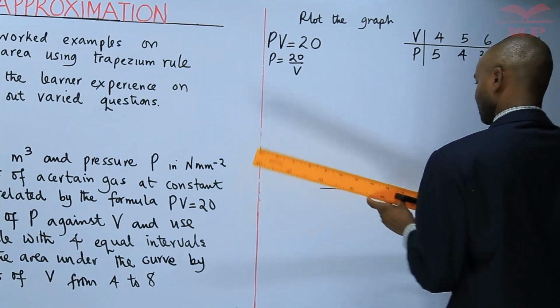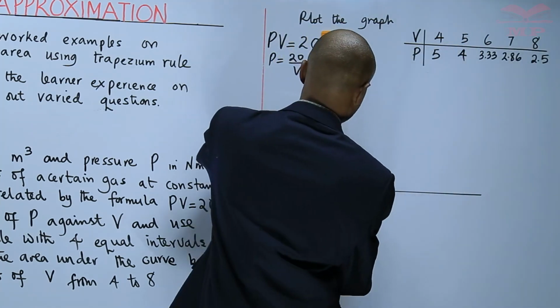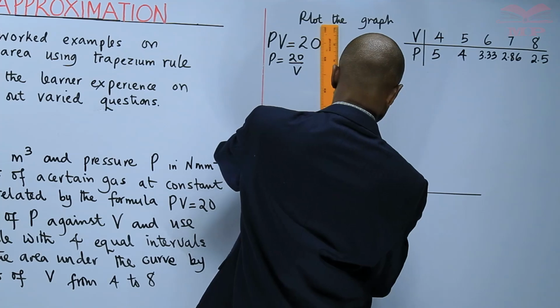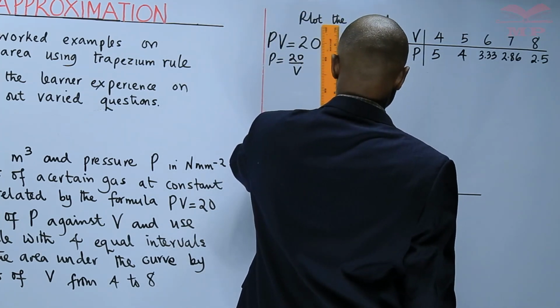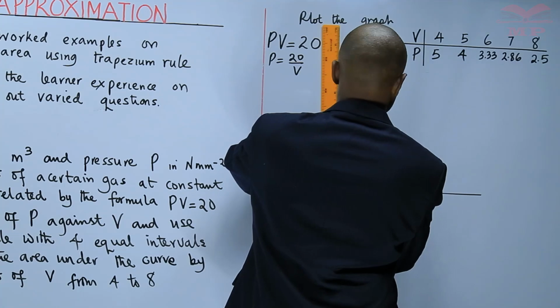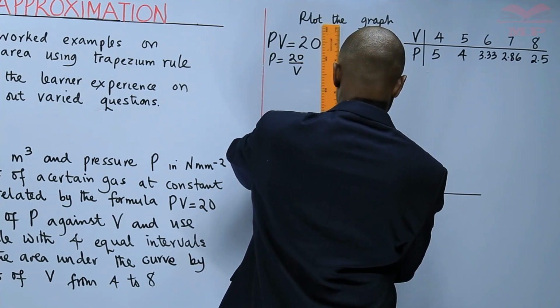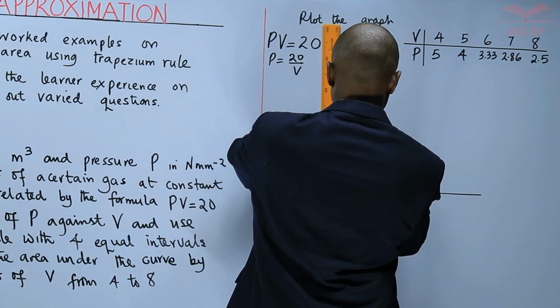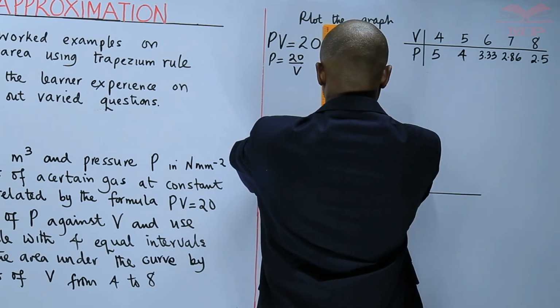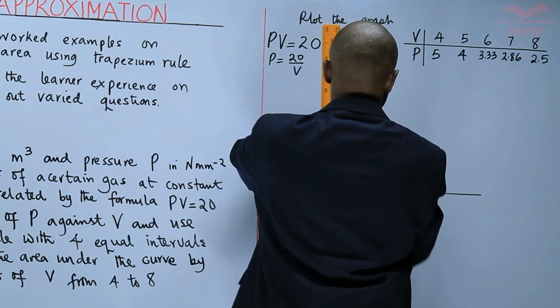Start with that. For P, the largest value is 5. So I can take 1, 2, 3, 4, 5.